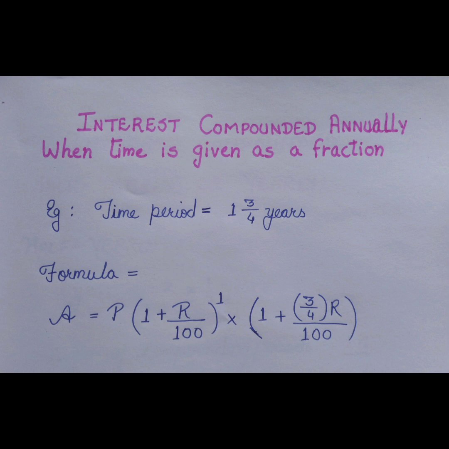So we have divided this year in two parts, that is 1 which is whole part and 3 by 4 years which is the fraction part, and we'll calculate it separately and then we will multiply it.